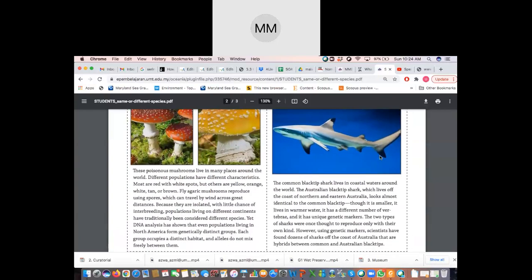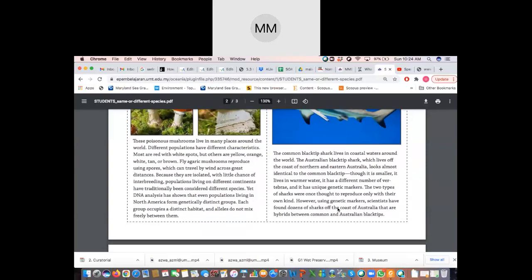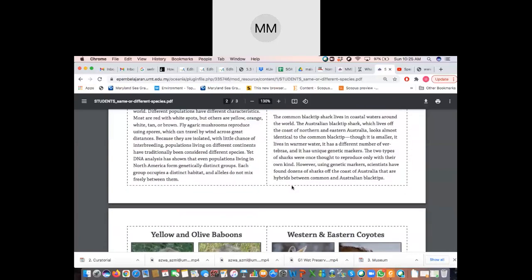Okay, not to the extreme range of very different species because of the fact they can still produce hybrids, but the keywords here are they have unique genetic markers, their vertebrae are different. Those two things are the most important keywords.